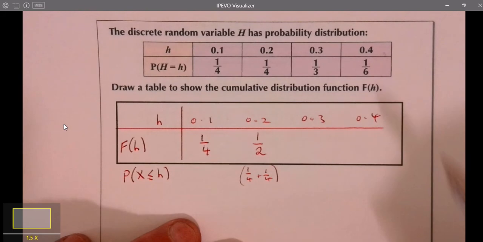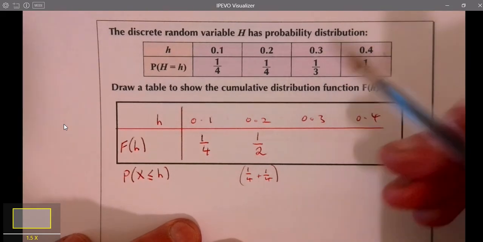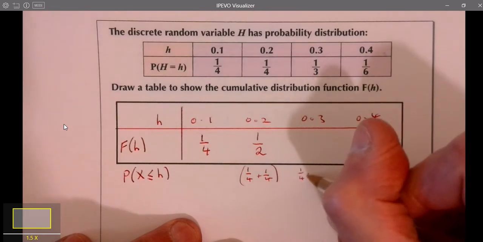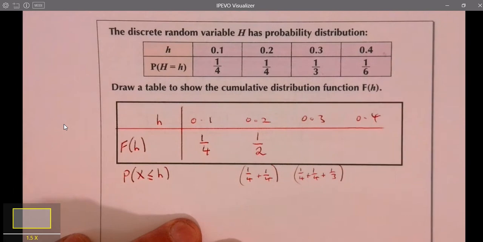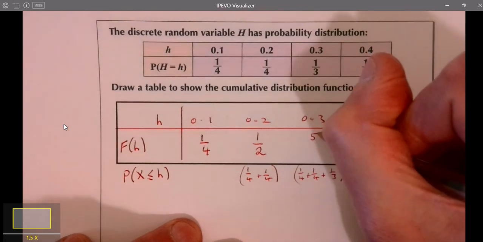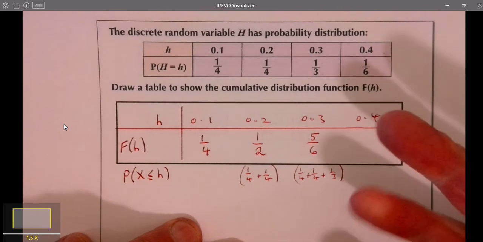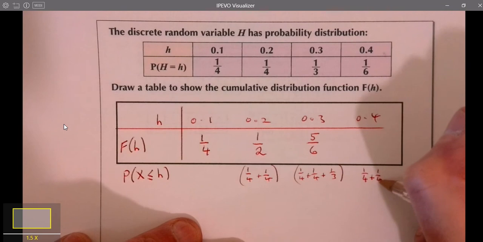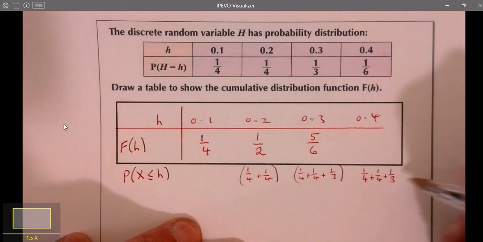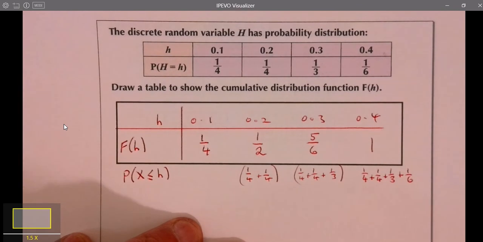And then the next one is plus a third. So that would be a quarter plus a quarter plus a third, which I think you'll find is 5/6. And a nice way of checking this is that when you get to the last one, the answer should be 1. If it's correct, it should be 1. There you go. That's a cumulative distribution function.